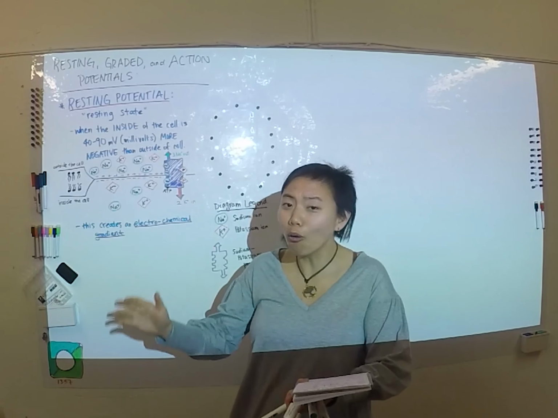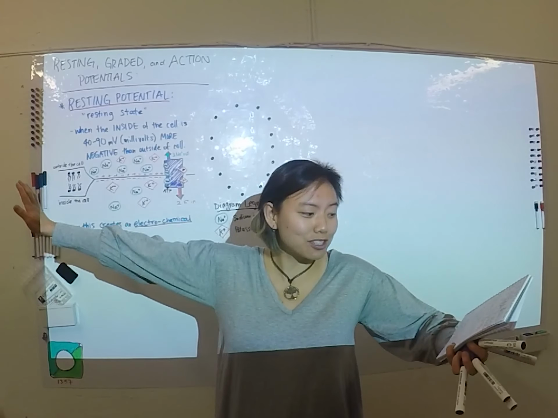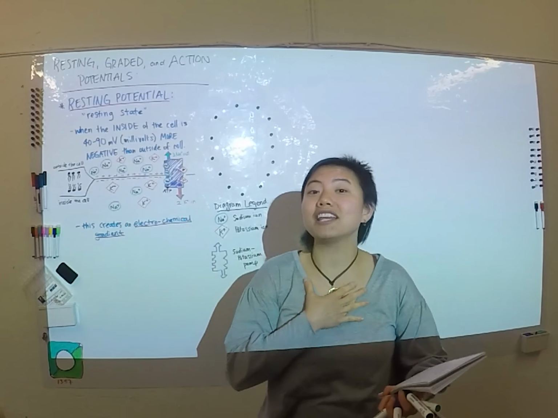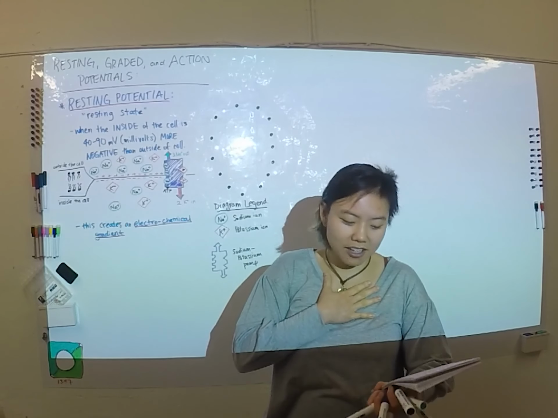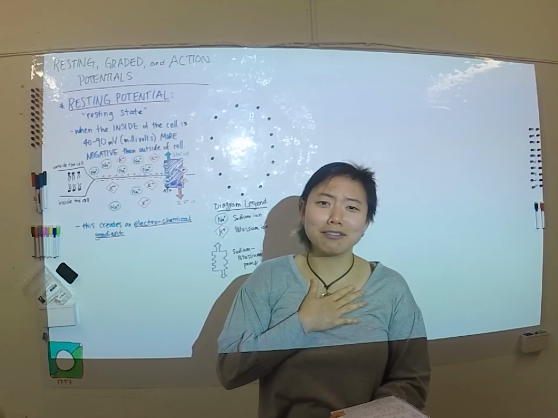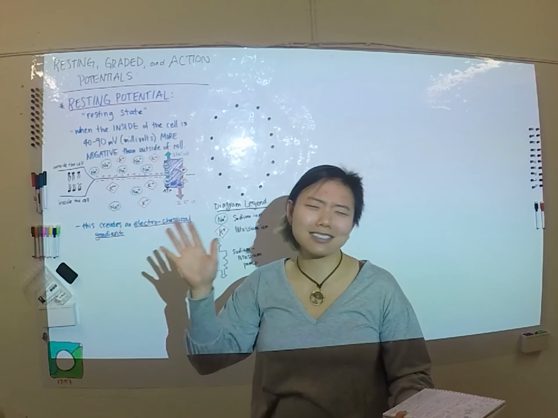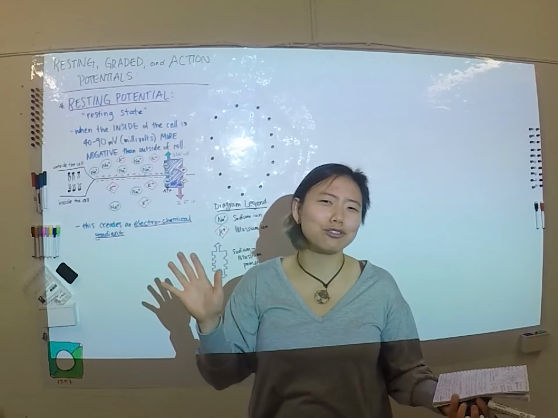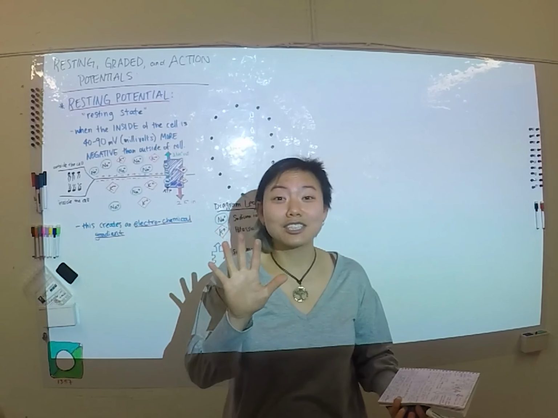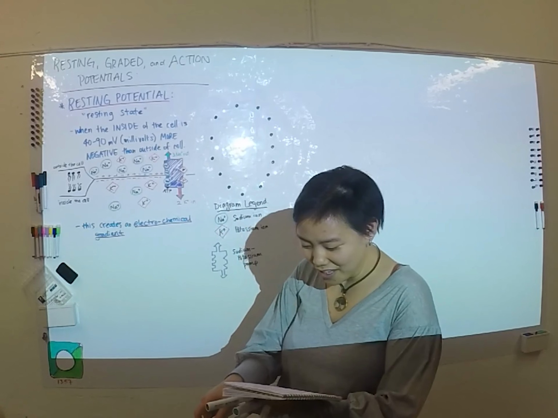So ions always try to spread out as far as they can if there are around too many of their own kind, okay? It's kind of like if you ever go to a family reunion and there's too many cousins and it's really just too confusing and you just like, I just want a break. I want to go find a quiet room. That's what the ions are doing, okay?